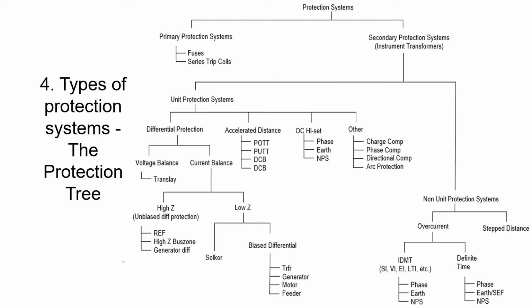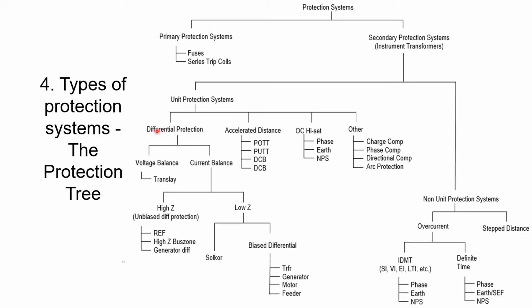So any fault within the area bounded by the current transformers is where our unit protection should operate. That's our area of operation. Anything outside, the unit protection should not operate. It should remain stable. So unit protection systems are also normally fast. Normally there's no time delay with the unit protection system.